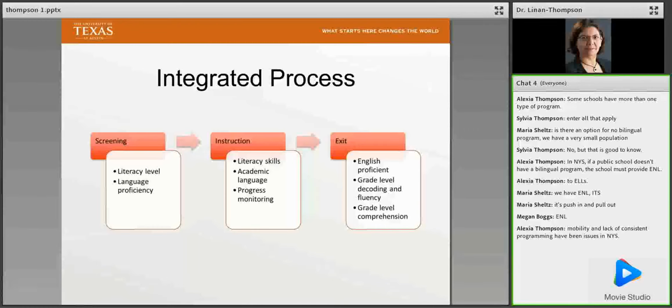Grade level decoding and fluency, and then grade level comprehension. Again, I think so many benchmarks are around fluency, and where we see the children struggle is with comprehension. So part of ensuring that they're ready to exit ESL is that they have grade level comprehension.